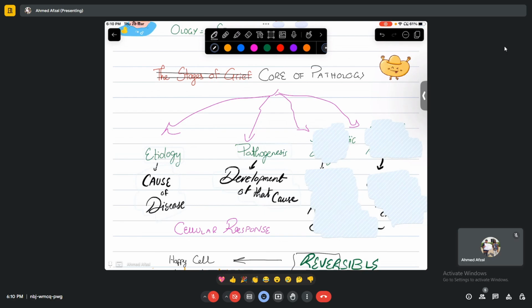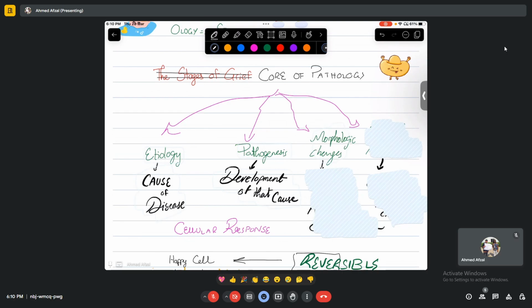Here, the third one is morphological changes. Now, what are those? Those are the changes that bacteria make in the cells and organs. Exactly, how the body, what part of the structural organization of the body would react?